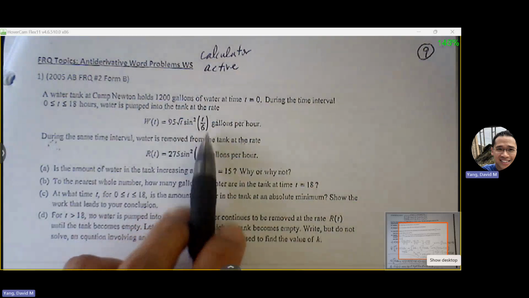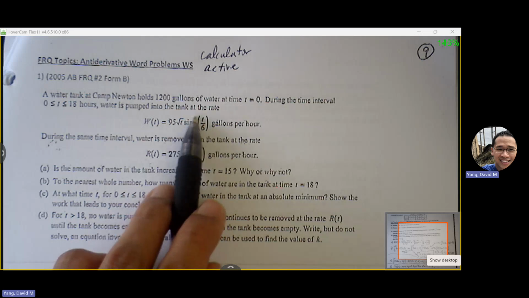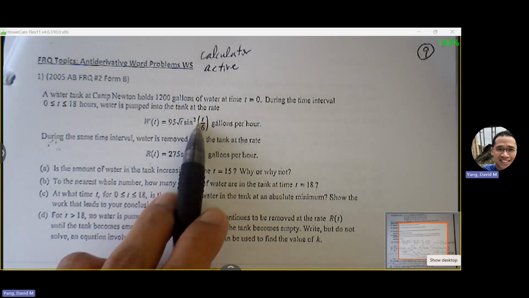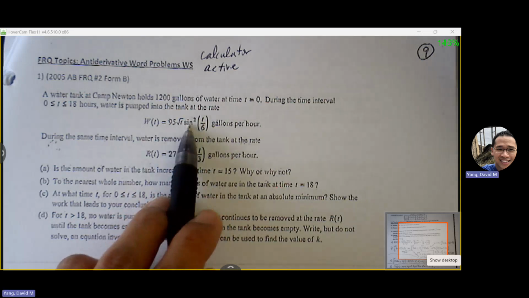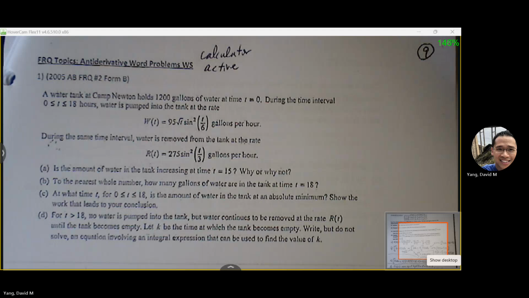The first challenge is to figure out how to put this in the calculator, because we can't put that squared where it is indicated. So what does that squared mean? Or how would you put this in the calculator knowing that you can't do sine squared of t over 6? Yeah, exactly.